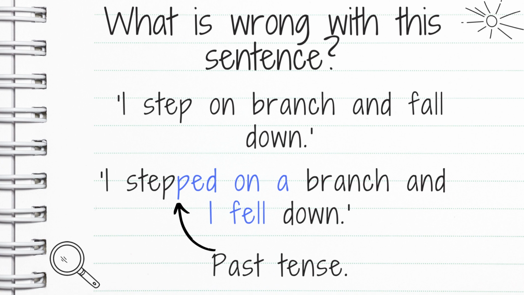Okay, I step on a branch. That would mean you're doing it. Well, it's actually future tense. I'm going to step on a branch. So it's future tense. But this was actually past tense because they're saying I stepped on a branch and I fell down. Fell is also past tense.